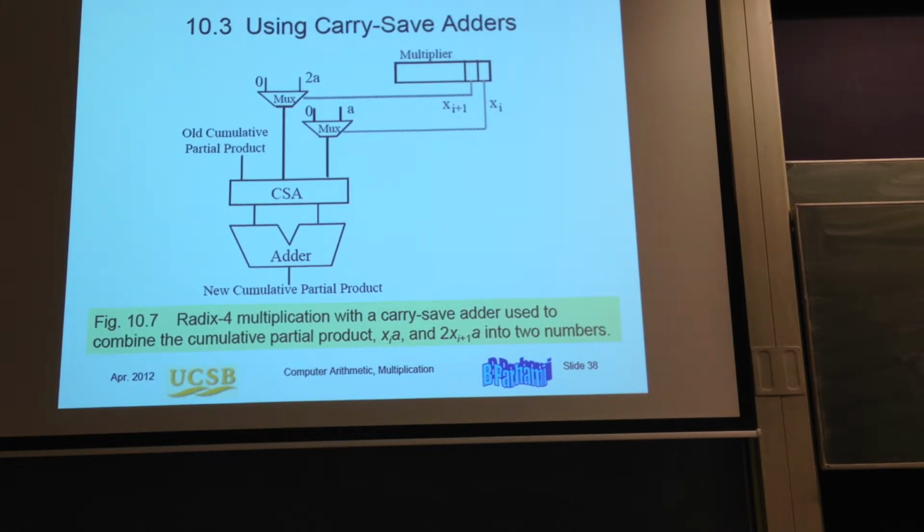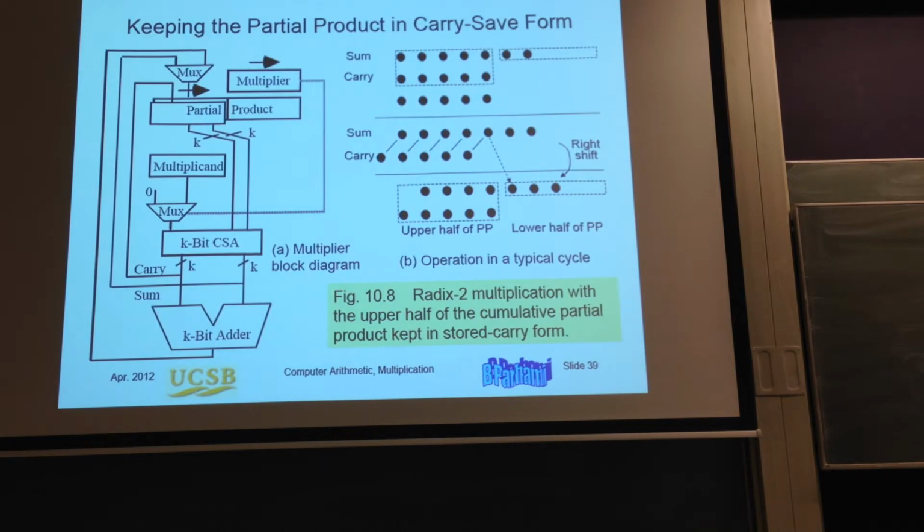The same concept will apply here. But the message of this slide is that I can use carry save adders in order to generate 3A, which is yet another way to deal with it. It's not making my addition fundamentally faster. And this is a kind of technique which is doing that.